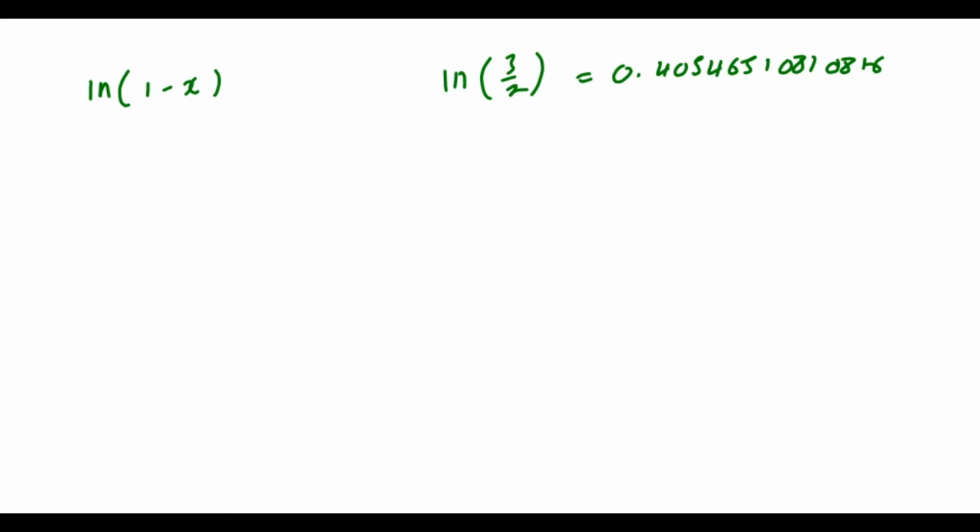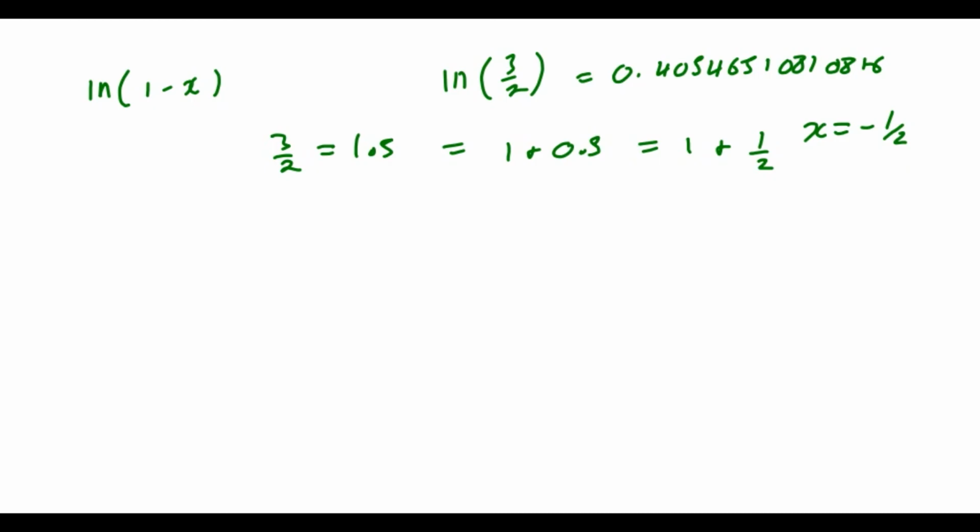So what it is here is that this one here, I'm going to manipulate it. So what I have is 3 divided by 2, which is actually 1.5. What is the other way I can write 1.5? I can write this as 1 plus 0.5, which is same as 1 plus 1 over 2, like that. Okay, so meaning since I have a plus here, and I had a minus here, what it means is that my x is equal to minus 1 over 2, like that.